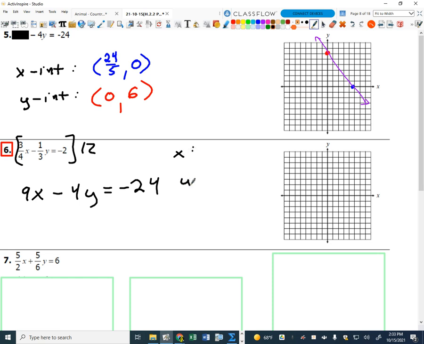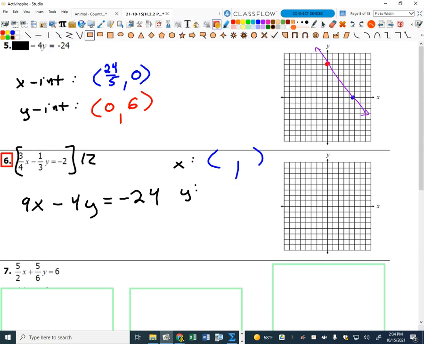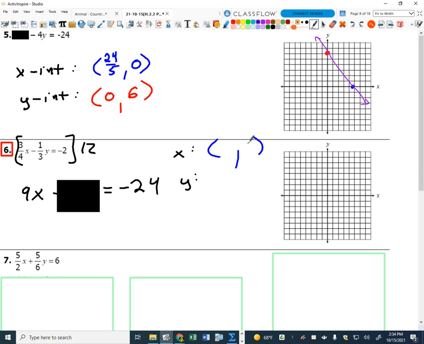Okay, so let's figure out our x-intercept and our y-intercept. For our x-intercept, if we set y equal to 0, what do we get when I solve for x? x equals negative 24 over 9.